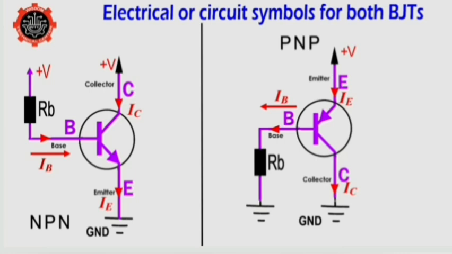The collector current IC is going to be flowing away from the PNP type transistor, and the base current IB flows away from the PNP transistor. Whereas in an NPN transistor, the base current IB flows into the base of the transistor.